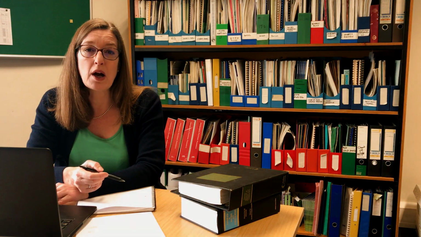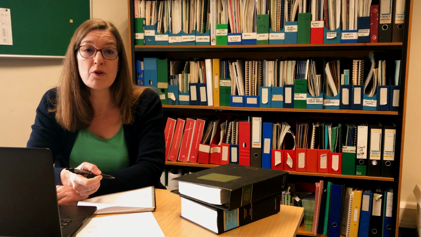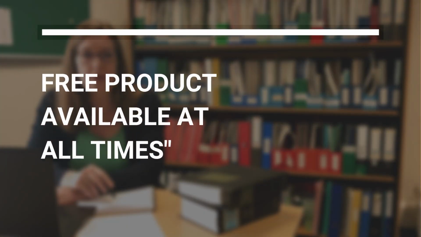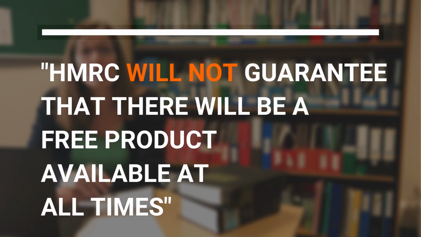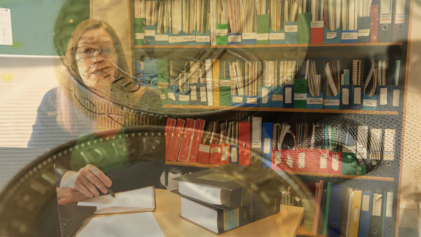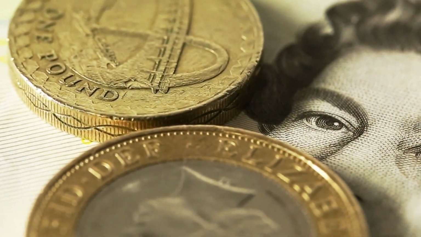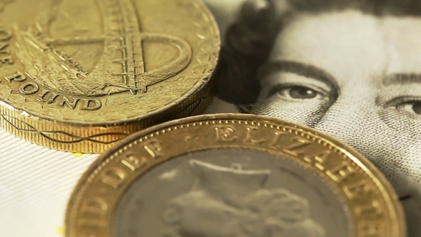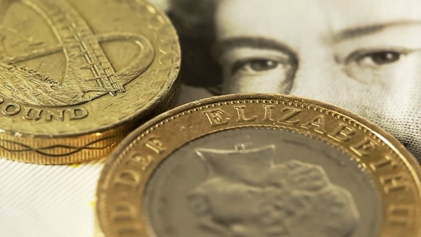Some software suppliers may offer a no-frills bridging software as a way to gain popularity, but HMRC will not guarantee that there will be a free product available at all times. You will need to consider what is best for your business and whether there is any support and what the future cost may be when you are choosing your software.